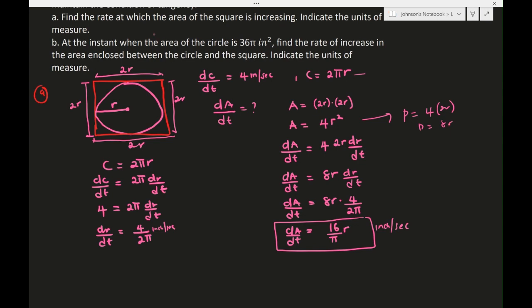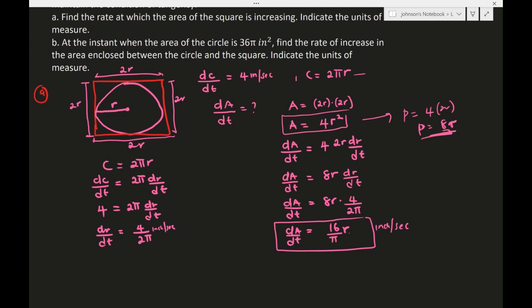So you have perimeter equals 8r. Take note of this. If you are dealing with area, this would be the area, and this would be 8r. Then you can differentiate and get it easily. But here, I think our answer has to be in terms of r because we don't know the radius. It's not given, and we are not given the perimeter nor the area that we can use to find r.